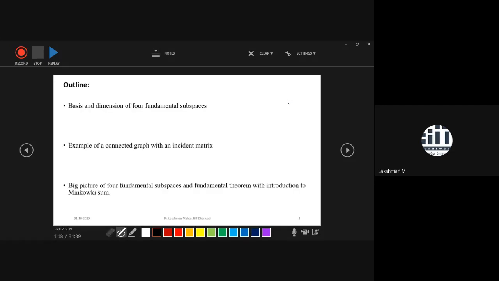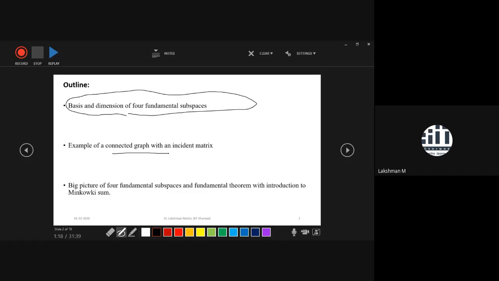Coming to the outline of today's tutorial: first I will discuss how to find the basis and dimension of the 4 fundamental subspaces. Then I will take one example from a connected graph, where we will see how to identify loops and trees in the graph.